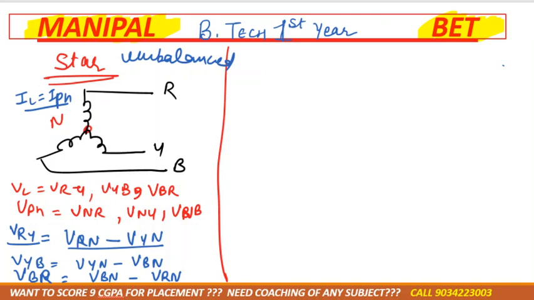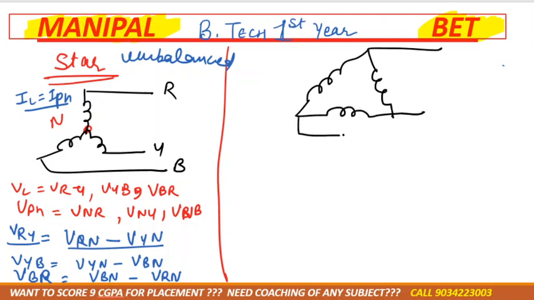Similarly, for the delta connection, is the current different or is the voltage different? Tell me. In the delta connection, is current different or voltage different? Voltage. No, in the delta connection, current is different.